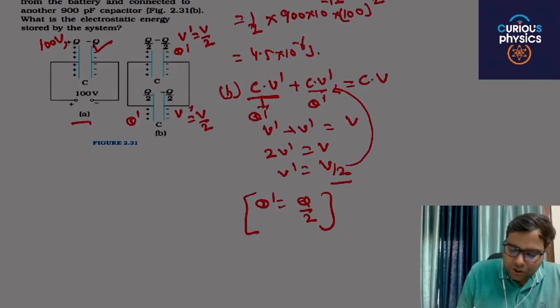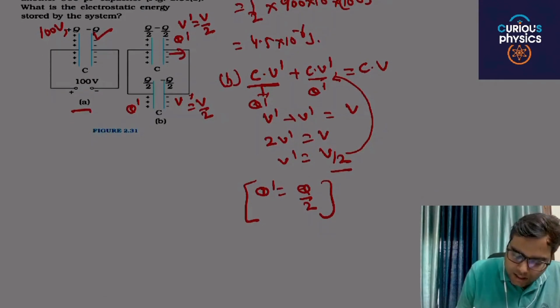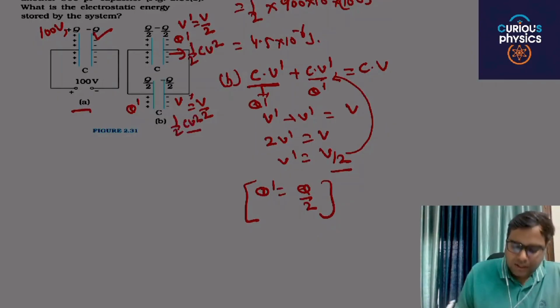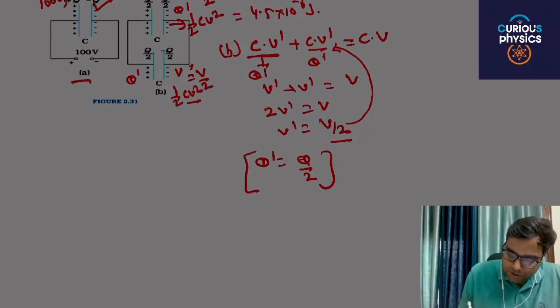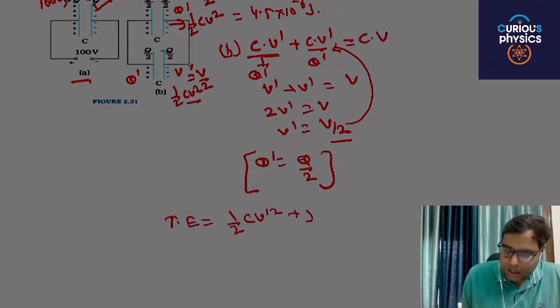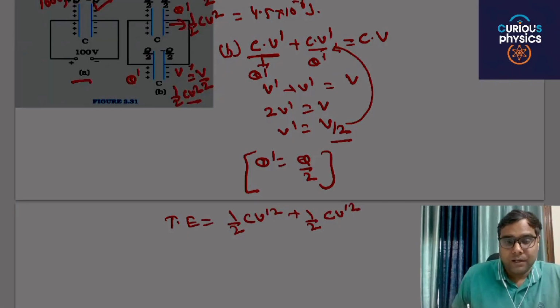Then the total energy of the first case will be half CV square for this and half CV square for this. And the total energy for the second case is half CV dash square plus half CV dash square. Now here V by 2 means 50.